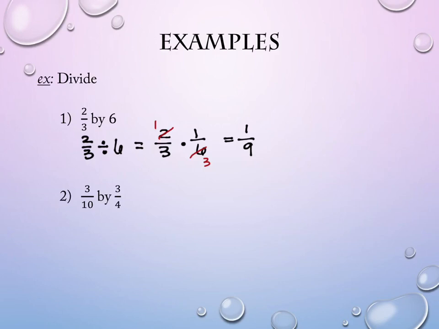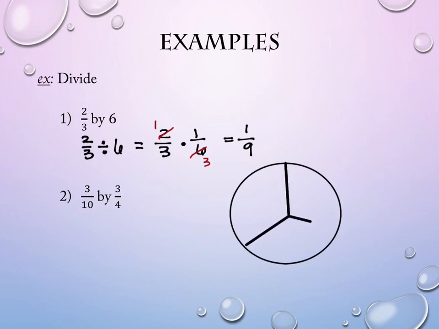Now you can imagine what that looks like. We're going to talk more next time about imagery of fractions. If you had 2/3 of a pizza, can you picture it? You've eaten enough pizza in your life to picture what 2/3 of a pizza roughly looks like. If you took 2/3 of it, it would look something like this, and we're dividing that into 6 pieces: 1, 2, 3, 4, 5, 6.